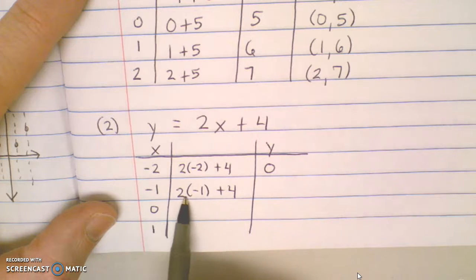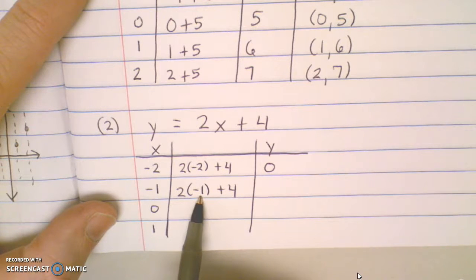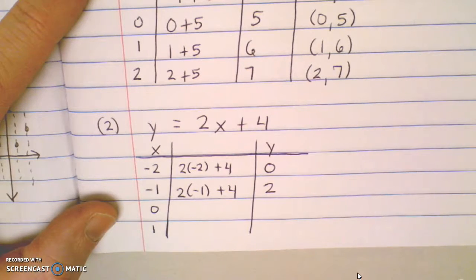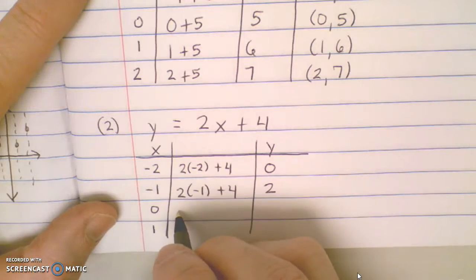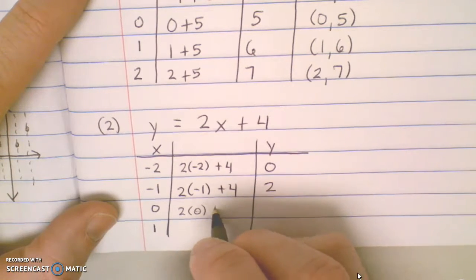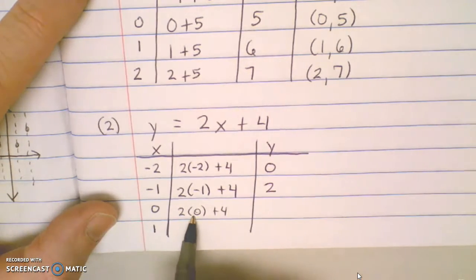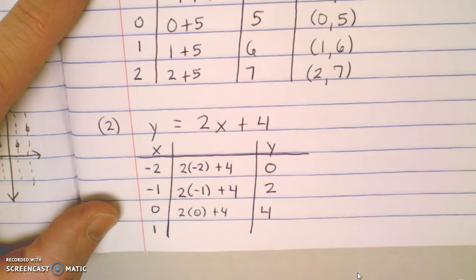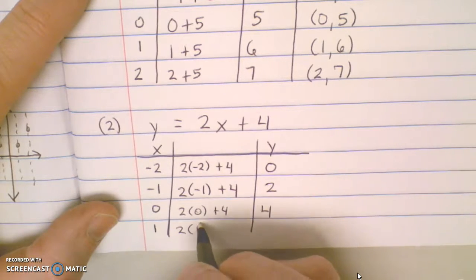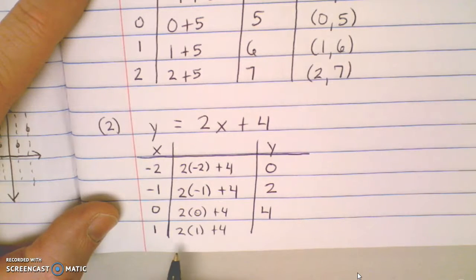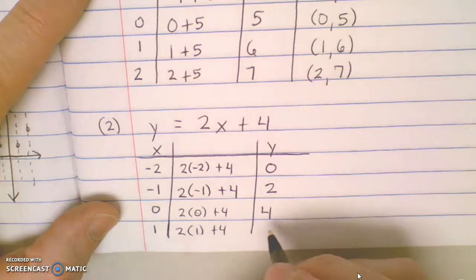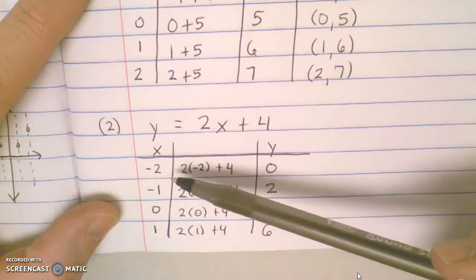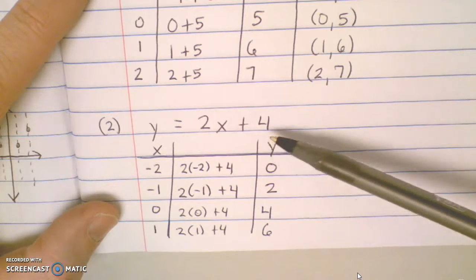So 2 times -1 is -2, plus 4 is 2. 2 times 0 plus 4. 2 times 0 is 0, plus 4 is 4. And then 2 times 1 plus 4. 2 times 1 is 2, plus 4 is 6. So we took our x values, our inputs, we plugged them in for x, and now we're getting an output.